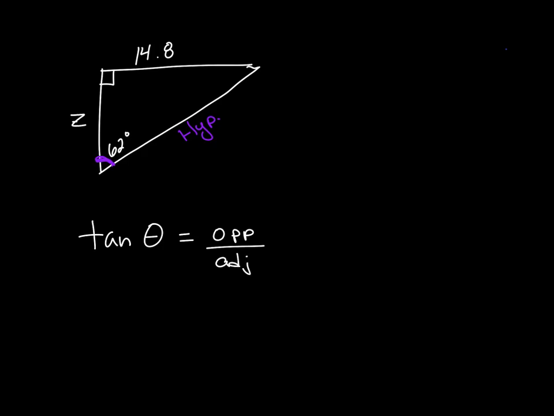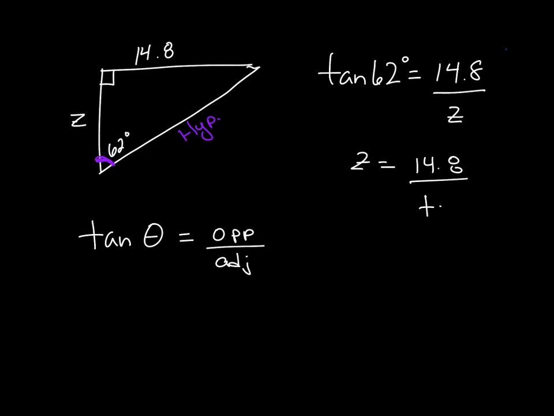Now, we have the angle, so we know that the tangent of 62 degrees is equal to the opposite, or 14.8, all over z. Getting z by itself, z is equal to 14.8 divided by the tangent of 62 degrees.